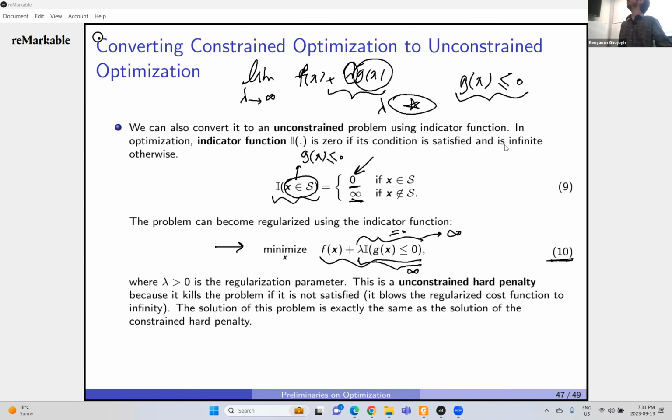You are minimizing infinity. Can you minimize infinity? So I'm saying that minimize infinity with respect to x. However you want to change x, the cost is infinity. That's what I mean. Do you understand?